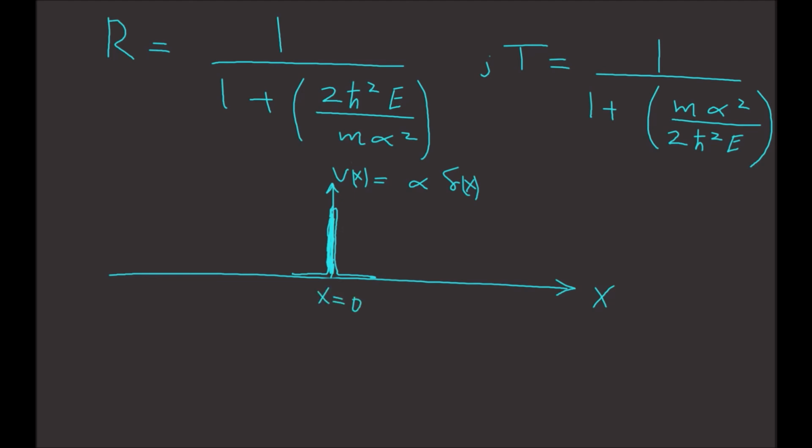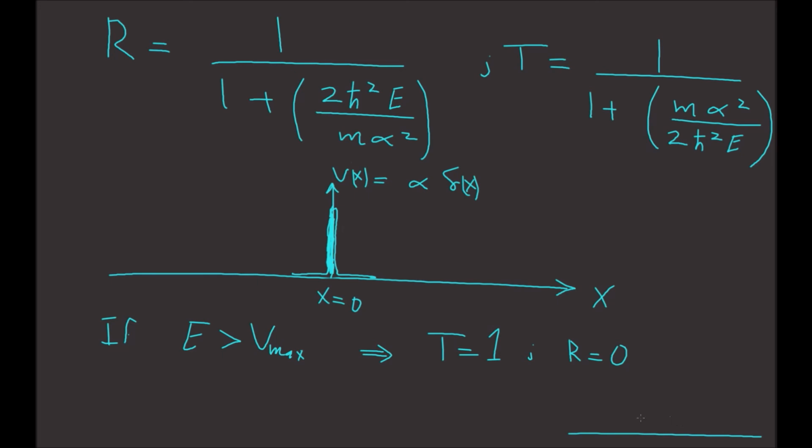Let's look at this problem using classical physics. If the energy is greater than the maximum potential energy, V max, then T, the transmission coefficient, is equal to 1. This is very obvious. And R is equal to 0.